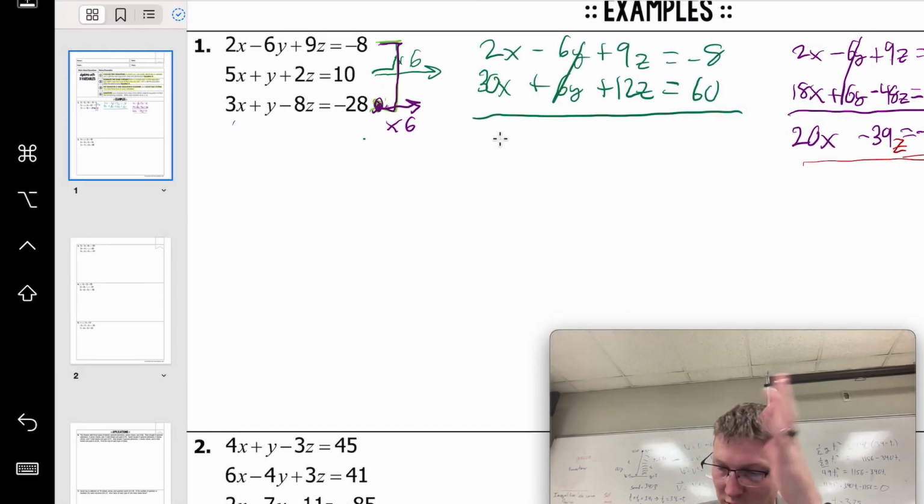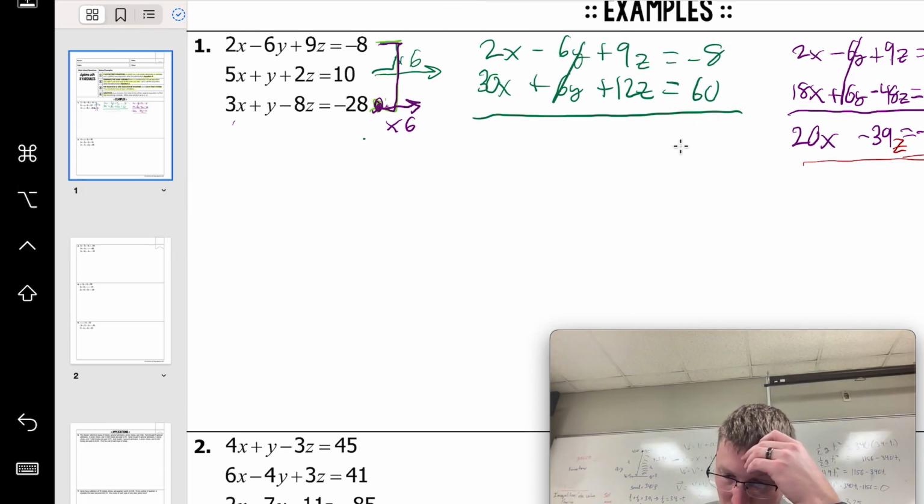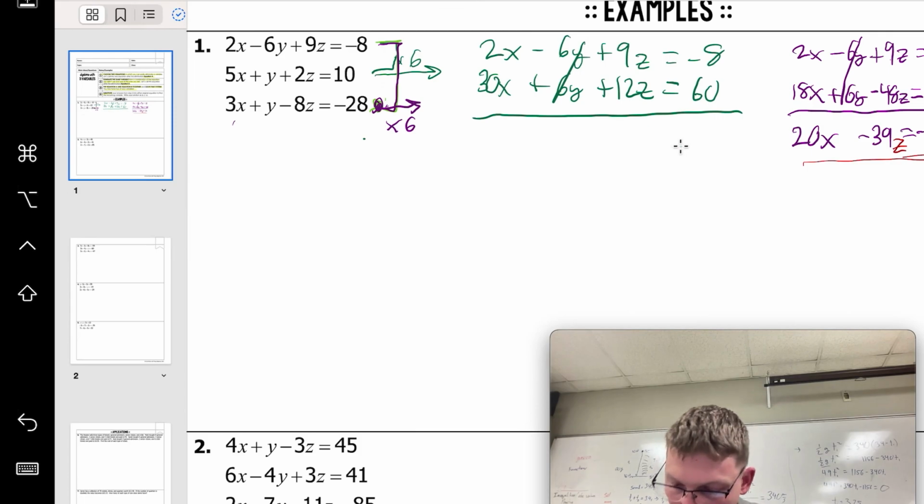All right, you'll see the screen has changed a little bit. This entire thing right here, you'll notice that I erased it. I completely did poor math there. So whatever I had earlier, that wasn't right. I made several errors. So we're starting over. So here we are. I've got my negative 8 and 60.